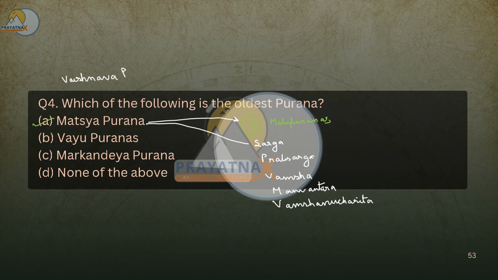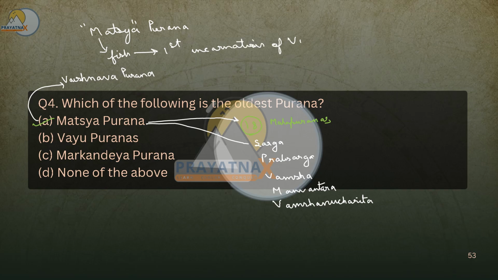As you can see, the term Matsya itself means fish, which was the first incarnation of Vishnu. So thus your option A is the correct answer.